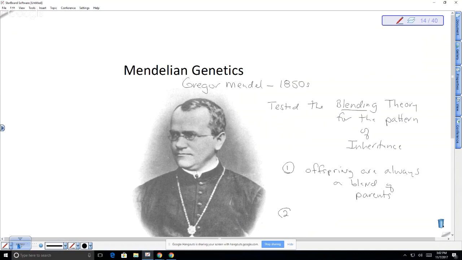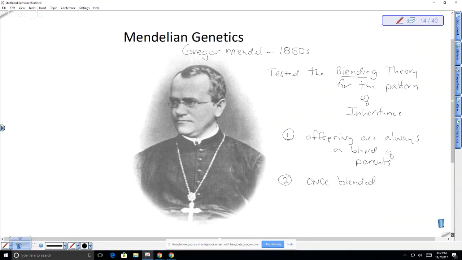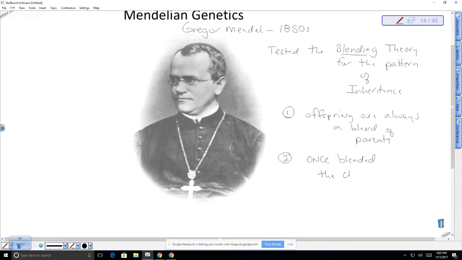The second thing is that once blended, traits cannot be separated back out. And that kind of makes sense, except you can imagine if this was true, we would all kind of move towards some kind of intermediate, and so we all start to look alike.